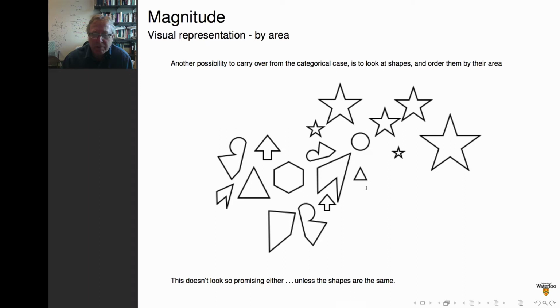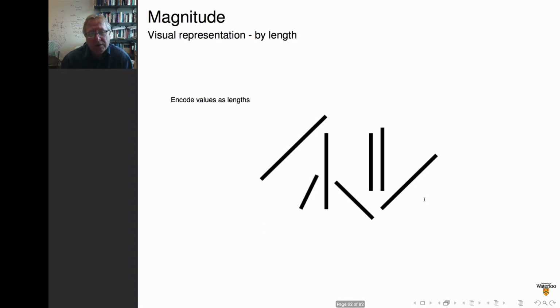So think about encoding the value as an area, the area of some shape, probably something a little simpler like a circle or a triangle, and how would we decode that? Another way to encode magnitude visually is just by the length of something. So this line is encoding a particular number, this line is encoding a slightly smaller number, and perhaps the length of this line here is encoding the number 1.